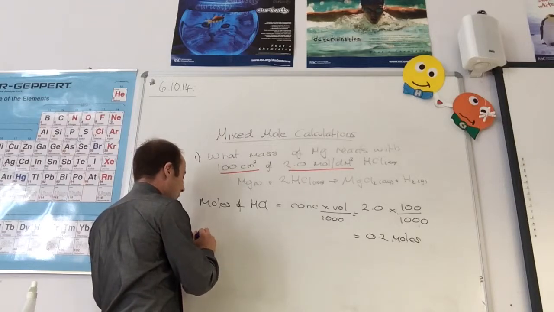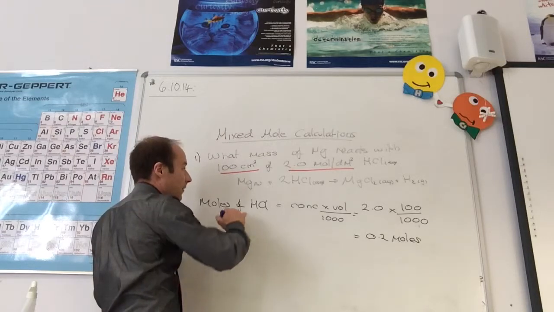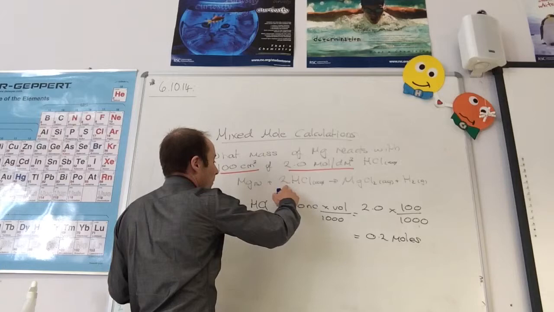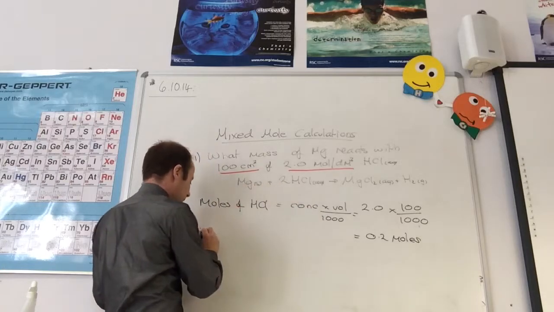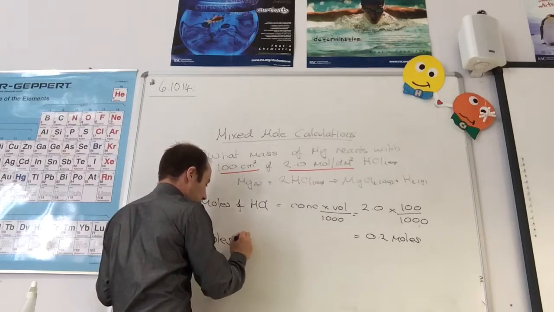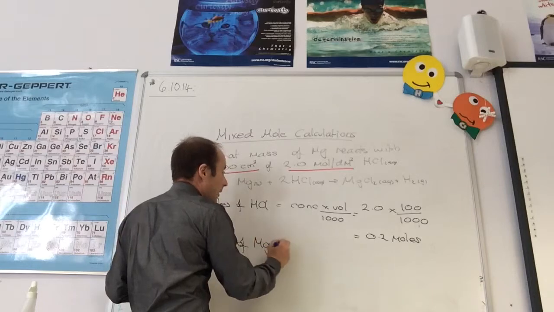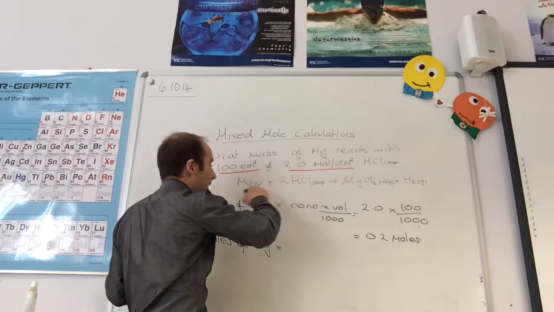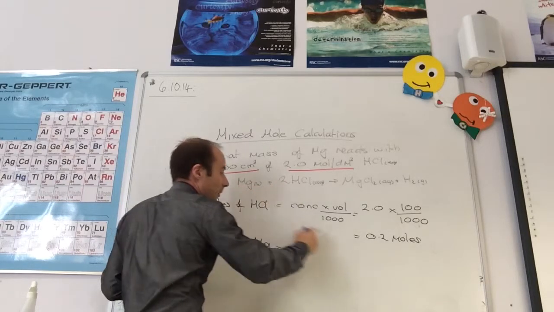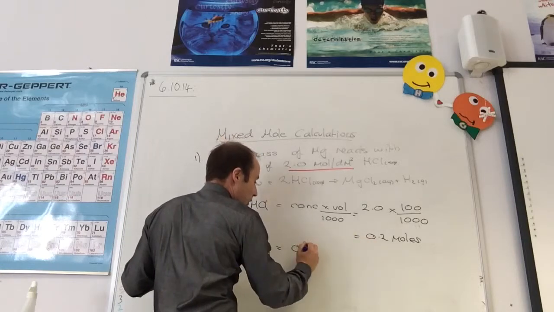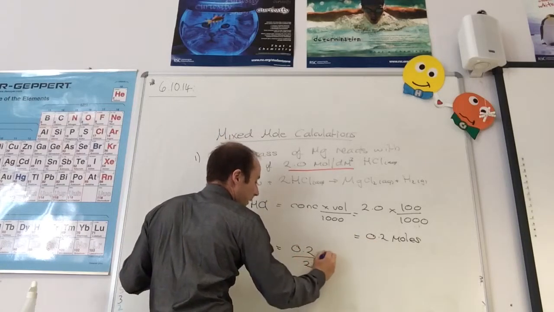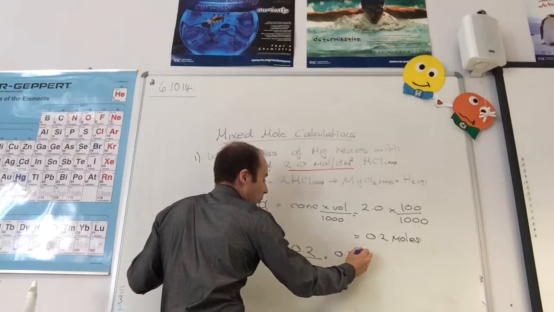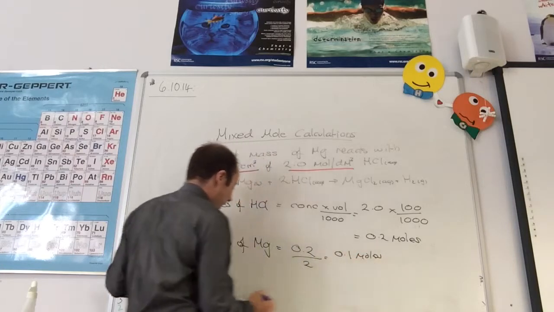Then you look at the equation. So I need to find out how many moles of magnesium. For every 2 HCl, I need 1 magnesium. So if I've got 0.2 moles of HCl, I divide it by 2 to give me 0.1 moles.